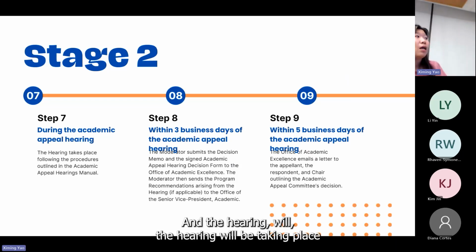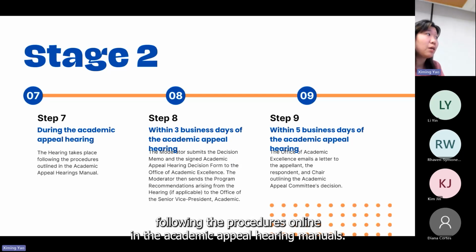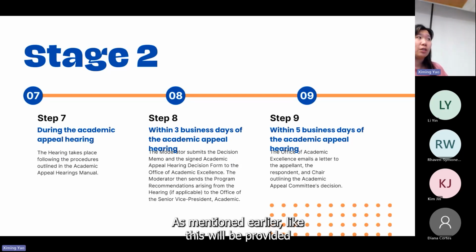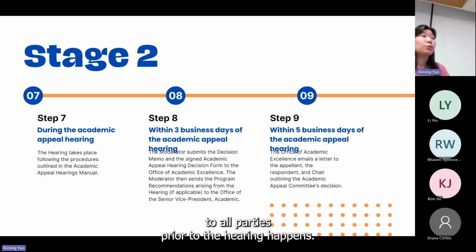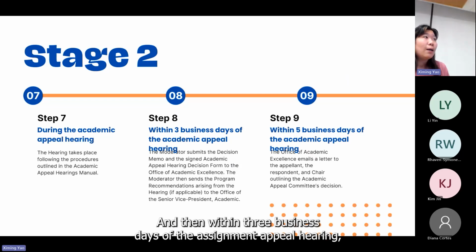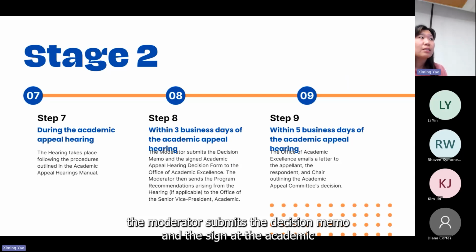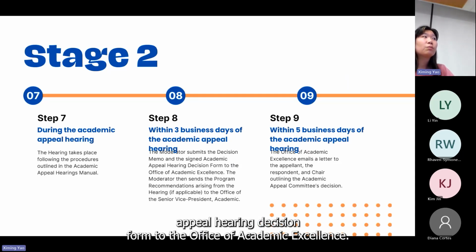The hearing will take place following the procedures outlined in the academic appeal hearing manual. As mentioned earlier, this will be provided to all parties prior to the hearing. Within 3 business days of the hearing, the moderator submits the decision memo and the signed academic appeal hearing decision form to the Office of Academic Excellence.